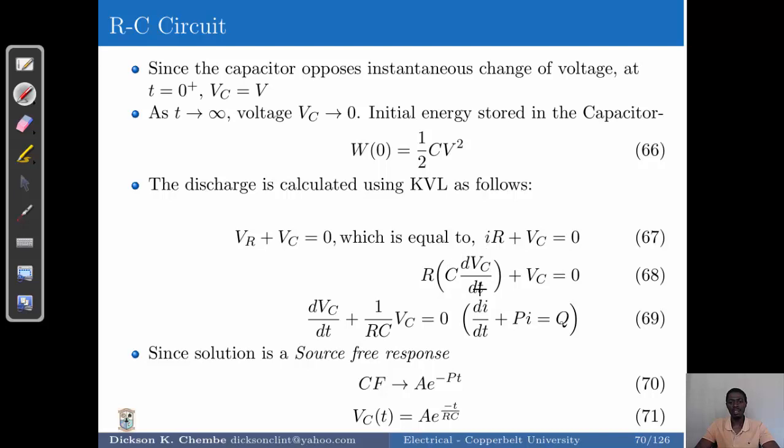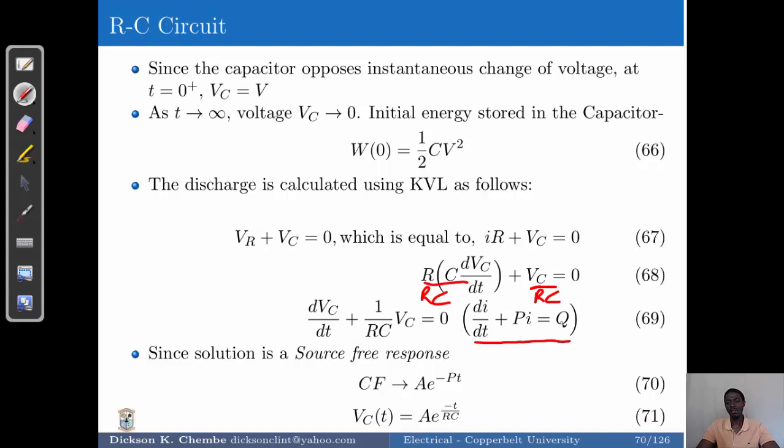When we replace the current I, which is the current through the capacitor, C dVc over dt, the rate of change of time, we obtain the equation. When we divide both sides by RC, we obtain equation 69 here: dVc/dt plus 1 over RC, Vc, equal to 0.